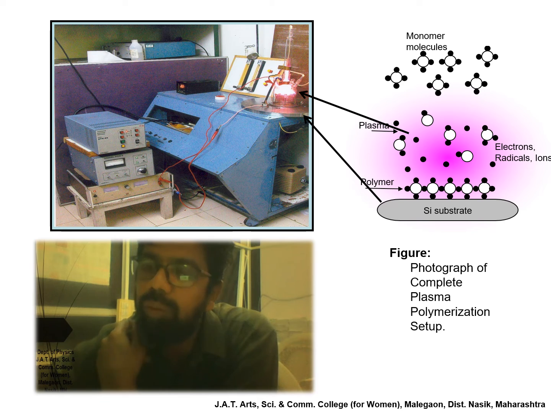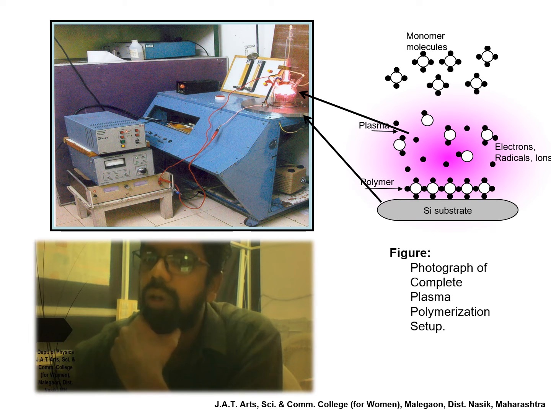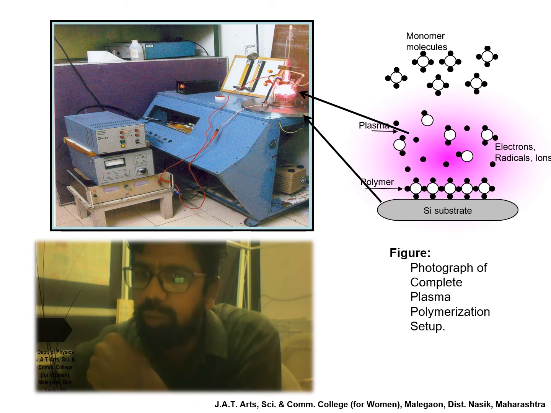As a result, within the reactive species we have electrons, carbon, nitrogen, oxygen, and all the chemical species present within the monomer, which we can expect within the reactor.